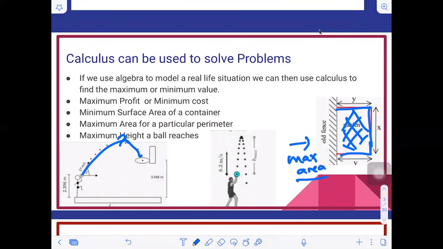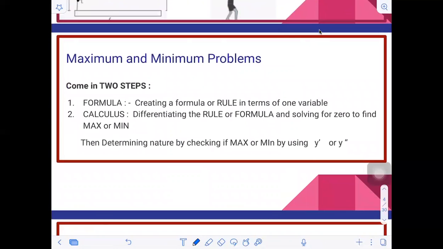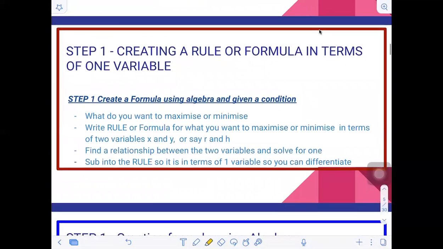Vice versa, you might want to minimize the amount of fencing given a particular area or paddock that you're building. So maximum problems come in 2 steps. First, you have to create the formula. And second, you have to use calculus and the differentiation rules to find out where the maximum or minimum points are. Creating a rule for the formula, we're going to do that first.